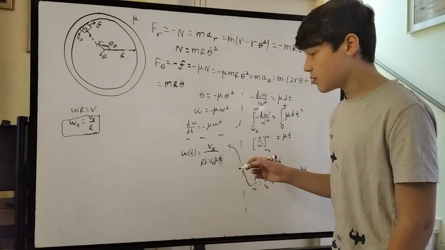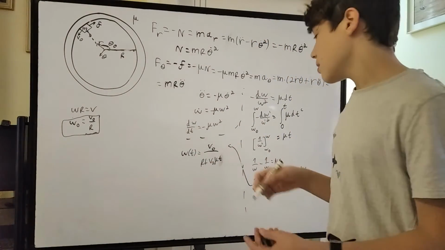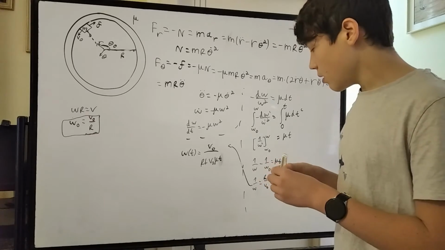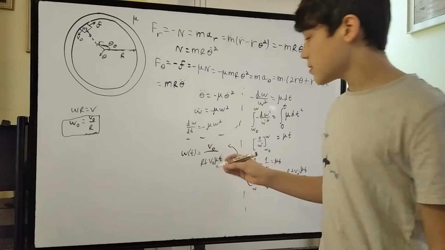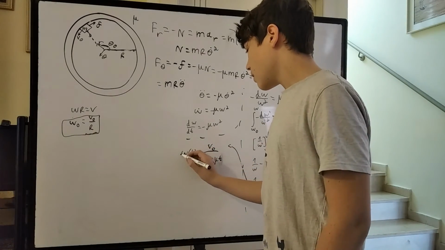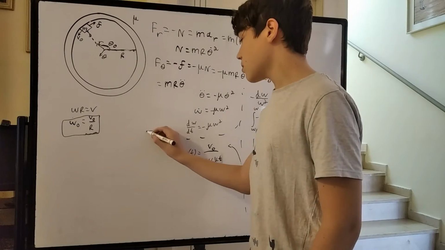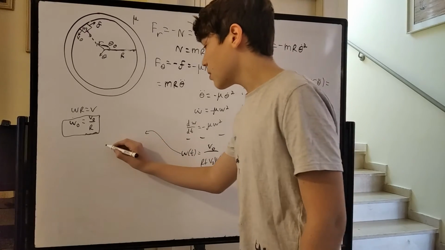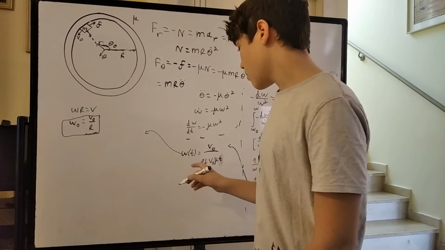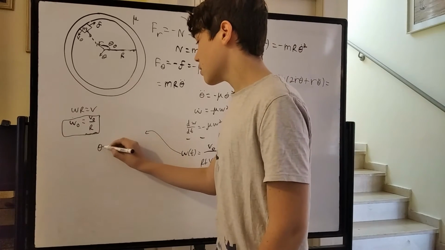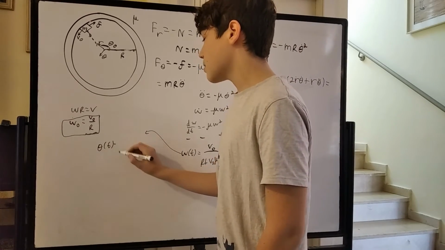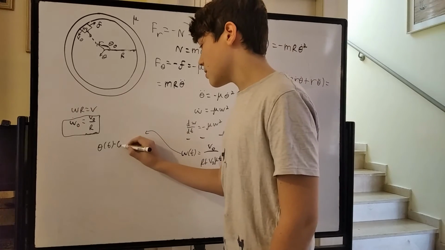Now let's integrate this to find the angle with respect to time. And so let's move down here. Integrating with respect to time here will get us theta t minus theta at the beginning, which is theta 0.